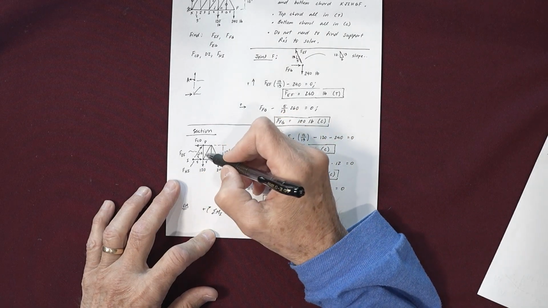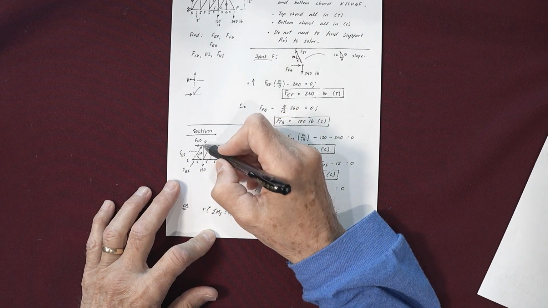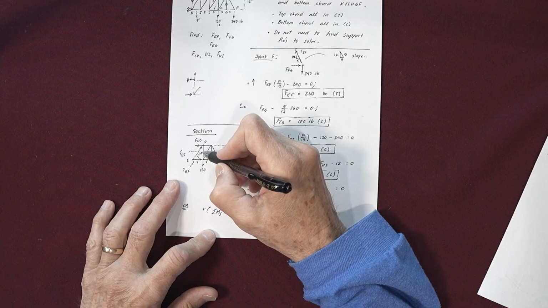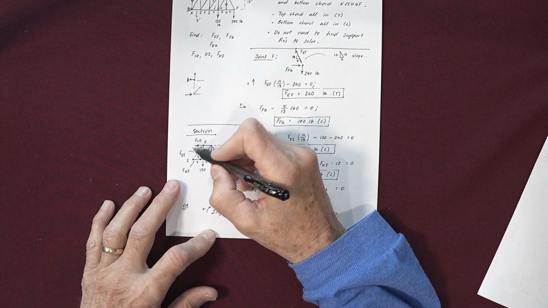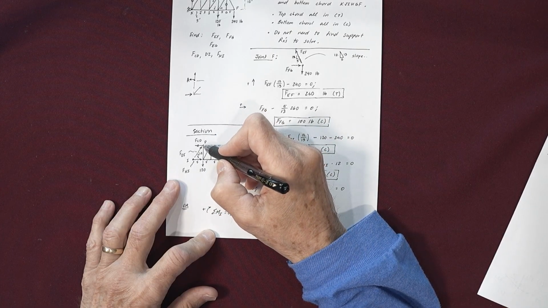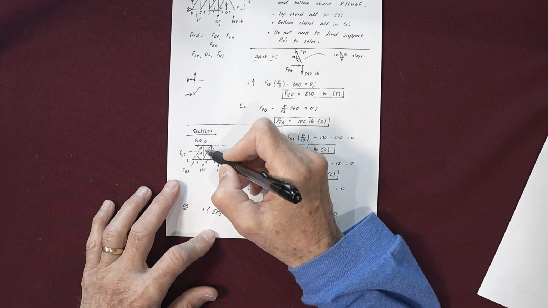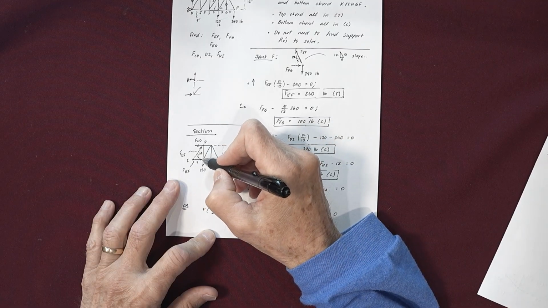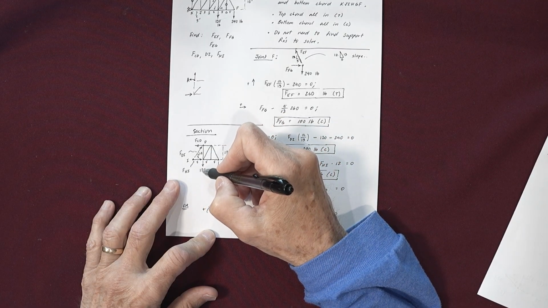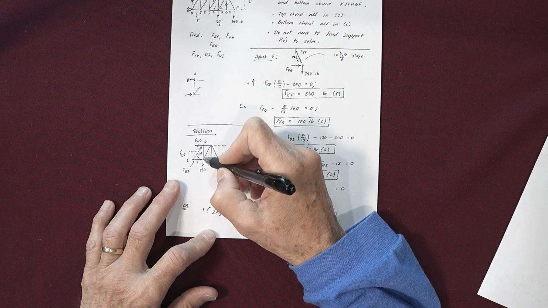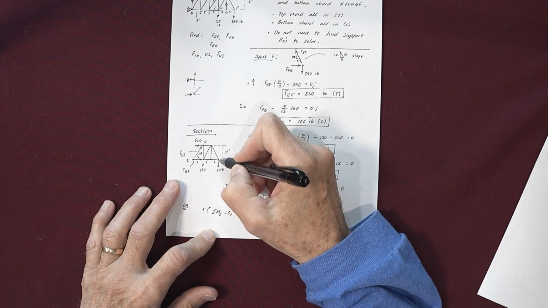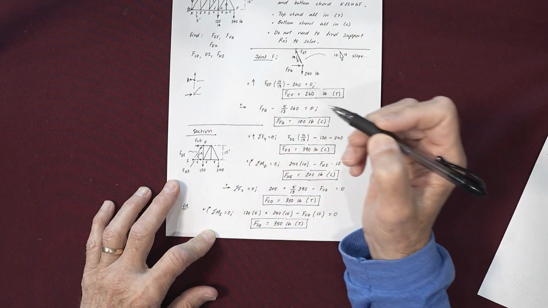To get FHI, we can sum moments about D. So D is the intersection between two of our unknowns, FCD and FDI. So if we sum moments there, then we have FHI in that moment equation. The 120, his line of action passes through D, so he's not in that moment. But then we have the 240 times 10.